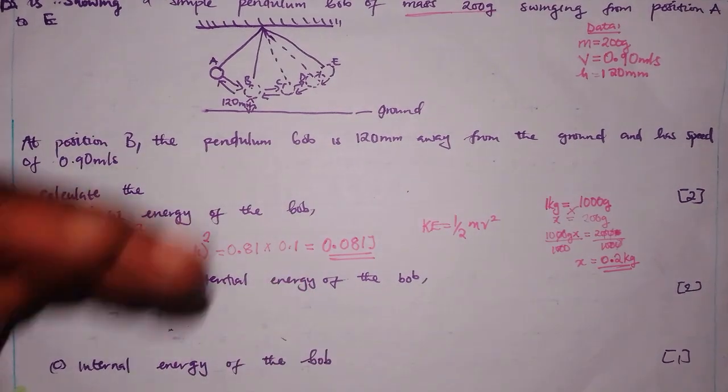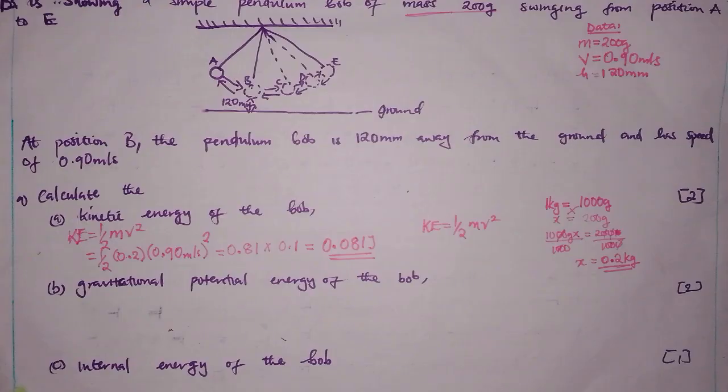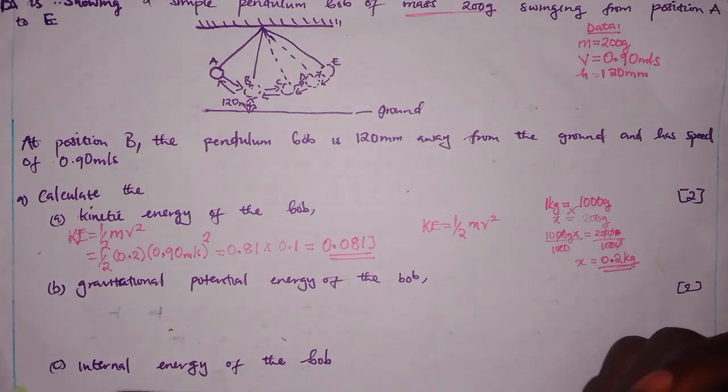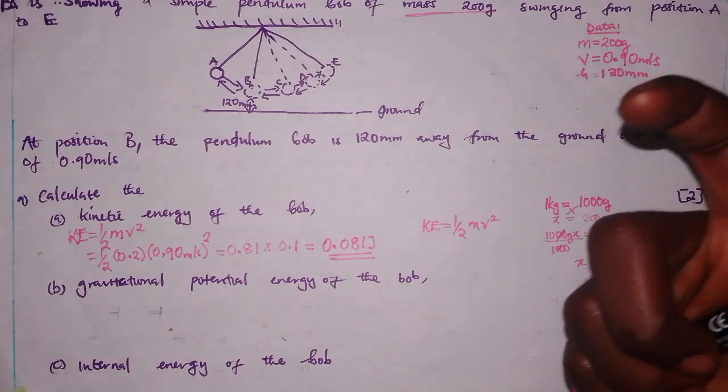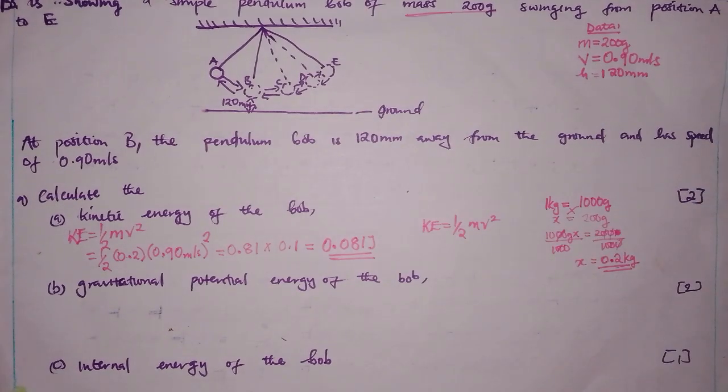Simple as that. So now you move on to the next question, which is requiring us to calculate the gravitational potential energy. Before calculating it, you have to identify what this is. The gravitational potential energy is the energy an object possesses due to its height. So remember, in the definition you have height, meaning when you are calculating, we are supposed to include the height in the question.